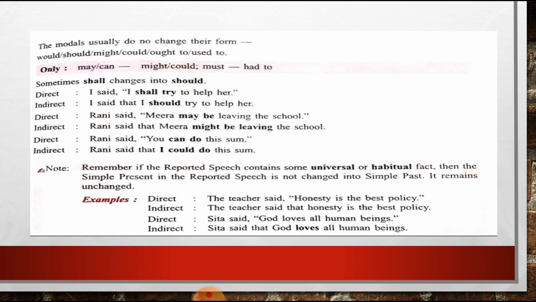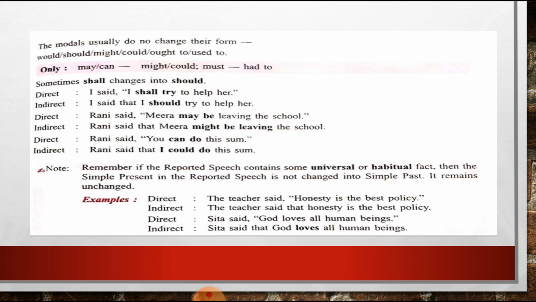Here may changed into might. Rani said, "You can do the sum." Rani said that I could do this sum. Can is changed into could. So may changes into might, can into could, must into had to.